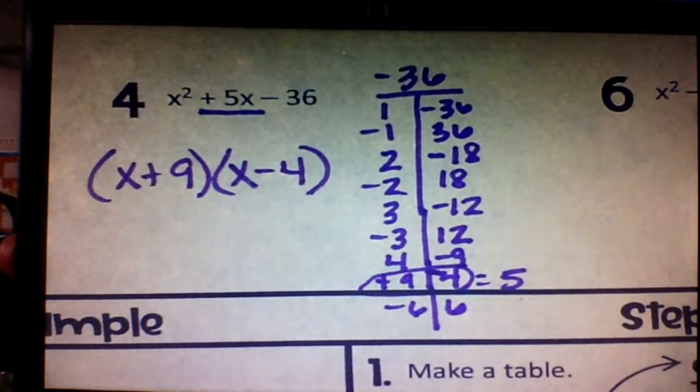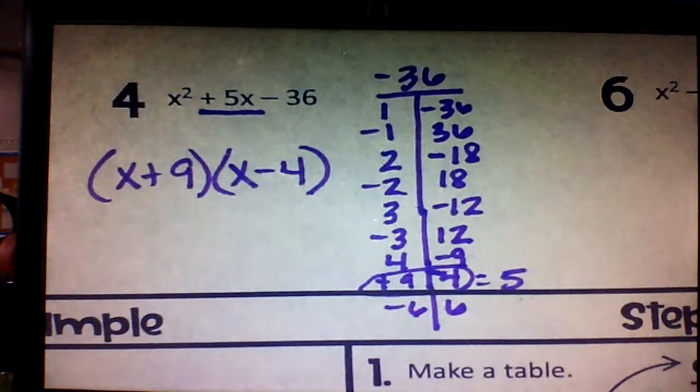How can I check and make sure I did this right? How do I know that this is correct? How do I check myself? No, you can't use the calculator. If I gave you this and told you to multiply, what would you do? Foil it.